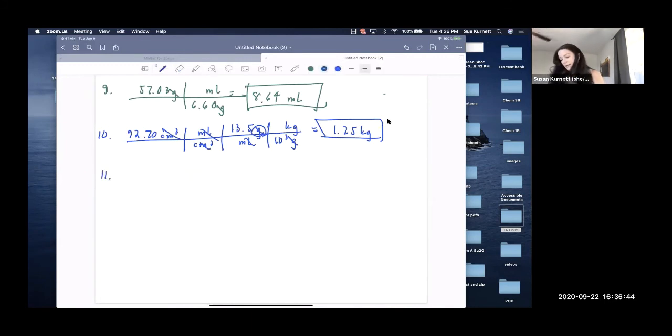Okay, number 11. We're using a rate to go from a volume to a time.